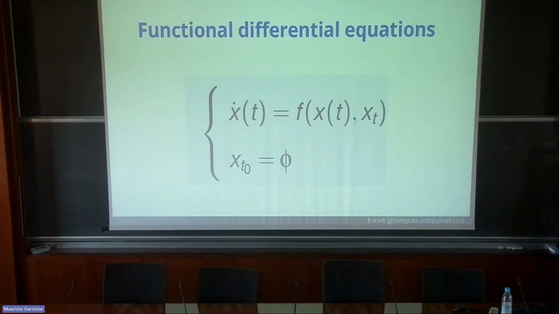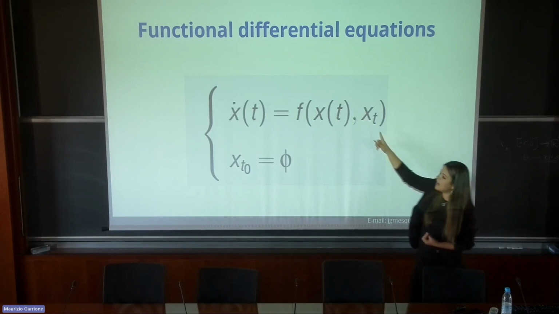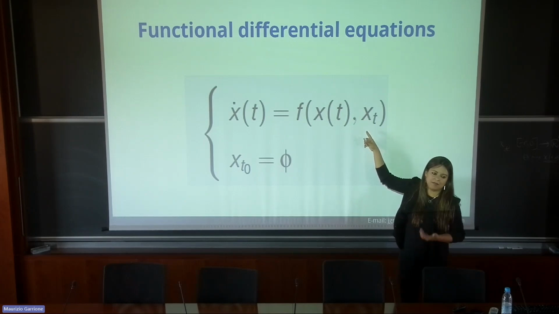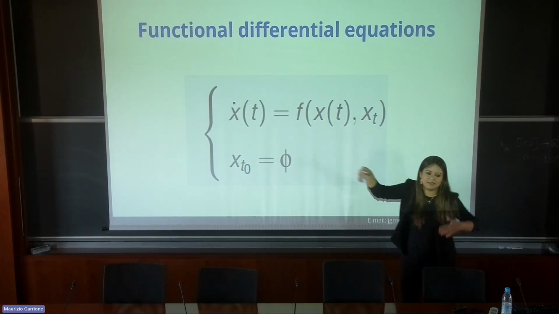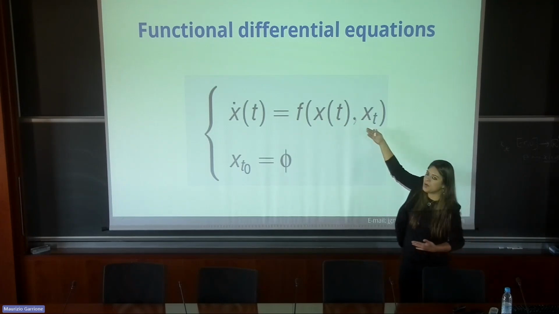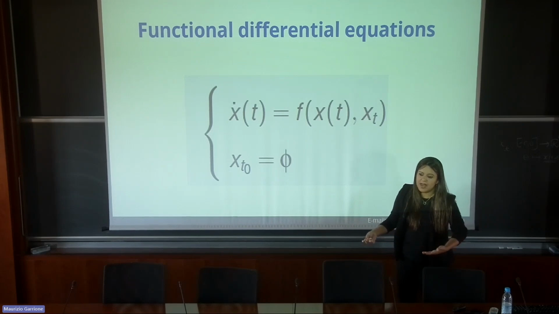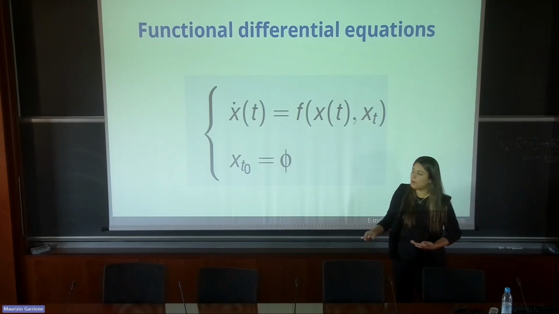So now this part here is a function. When you deal, for example, with ODEs, usually you have something in R^n, but now we are dealing with a space of functions. This brings some difficulties because you are dealing with infinite dimensional spaces, and then you lose a lot of properties.